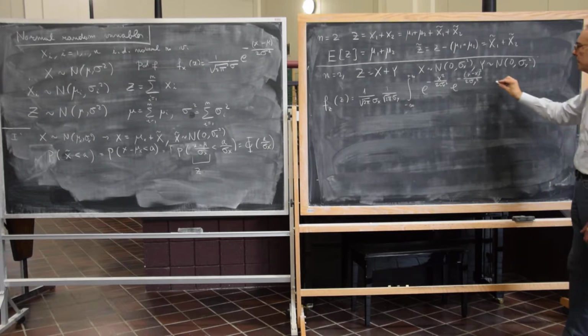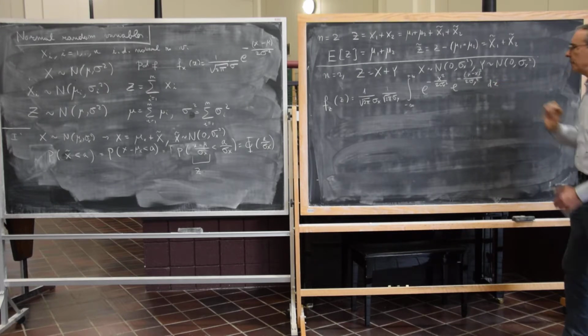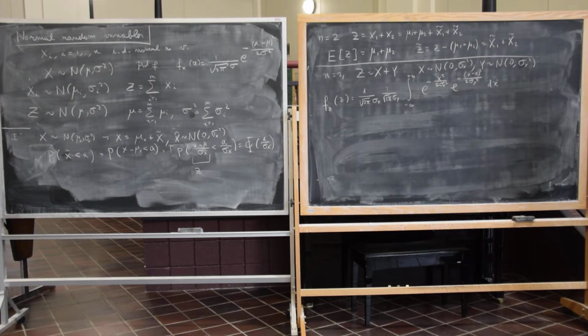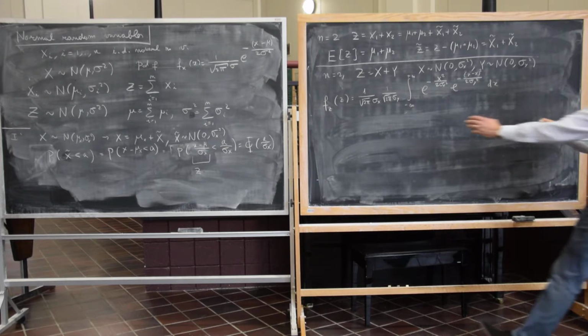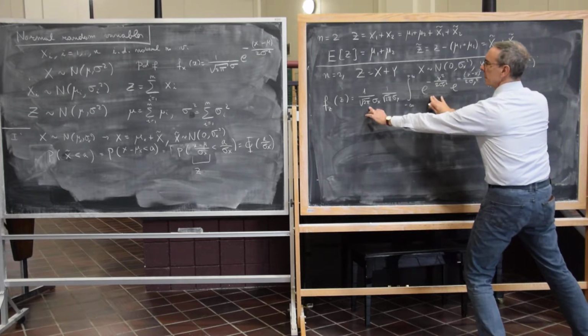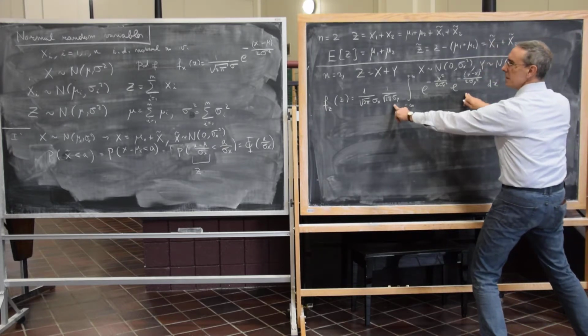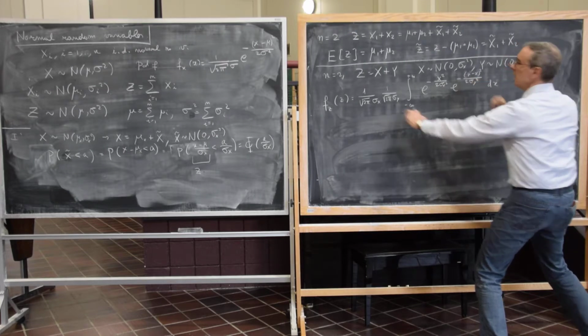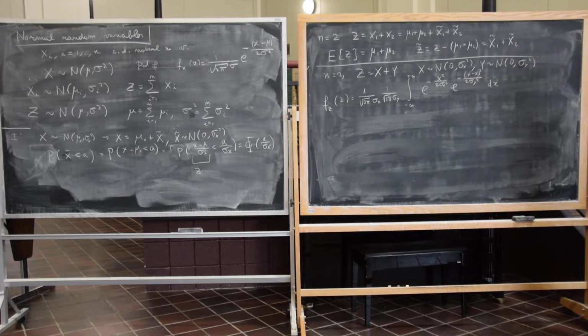And you integrate this in x. That's the convolution you want to compute. This part is f_X. This part is f_Y computed in y equal z minus x. That's what we want to compute.